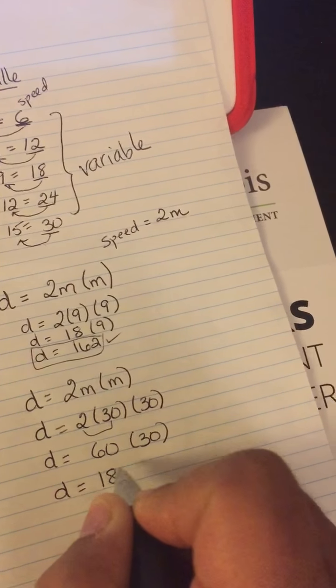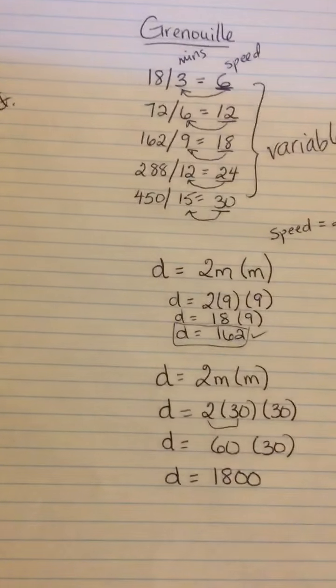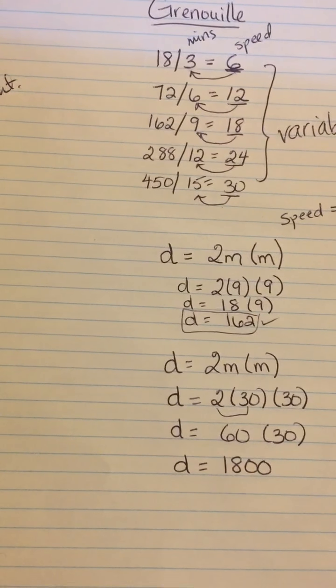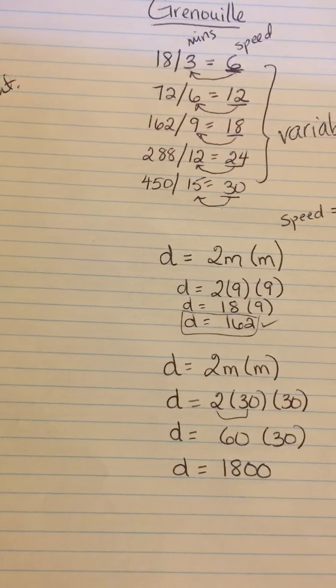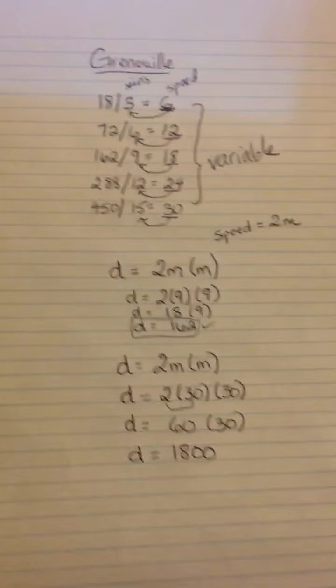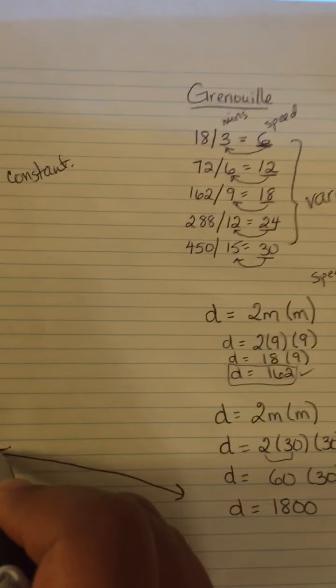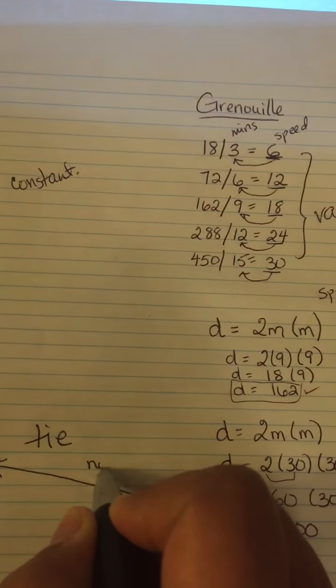And what do you know? The frog has also run 1,800 centimeters. So in fact, there is a tie with no winner.